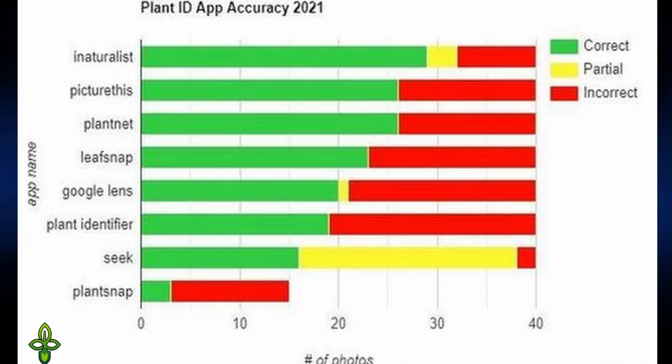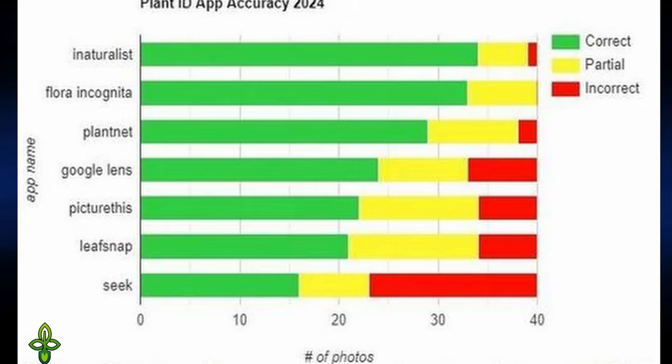The scoring went something like this: 2 points for a correct ID, 1 point for a partial ID, and 0 points for a wrong ID. A partial ID was awarded when the genus was correct, or if only the genus was offered and it was correct. The exception to this is in iNaturalist, which works differently than the other apps.